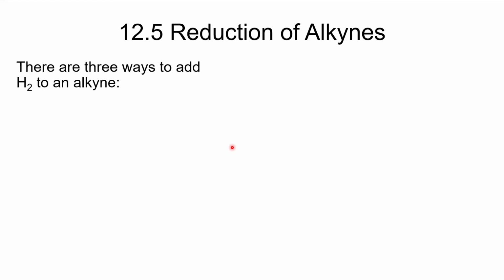We next want to look at alkynes, the reduction of alkynes. And the reduction of alkynes happens a lot like the reduction of alkenes, in that you can add hydrogen across the carbon-carbon triple bond. And we'll find that there's three different things you can do.